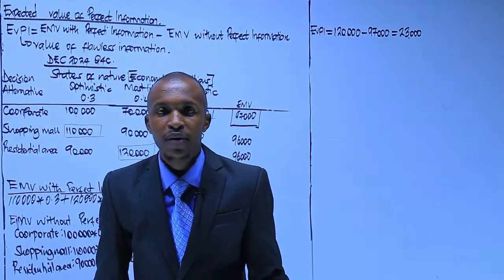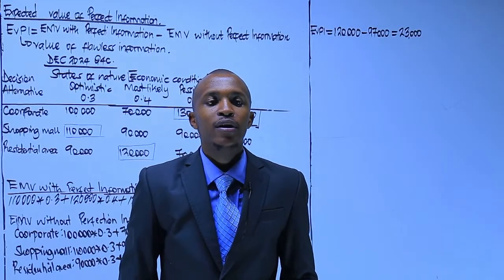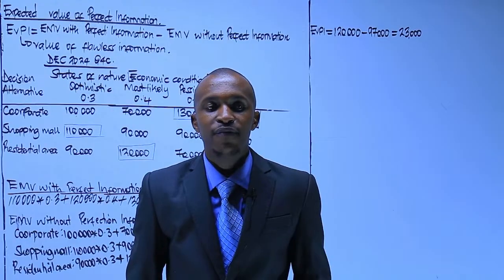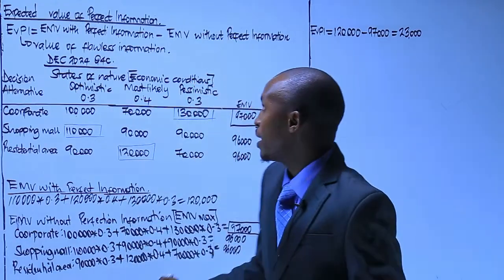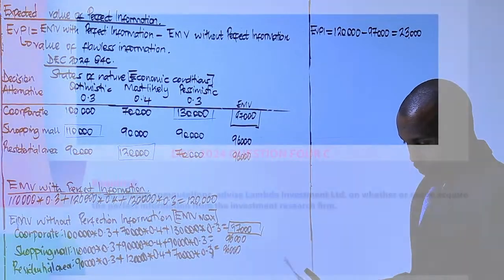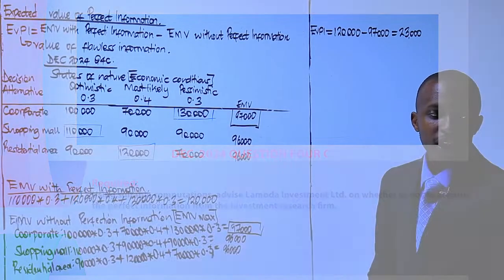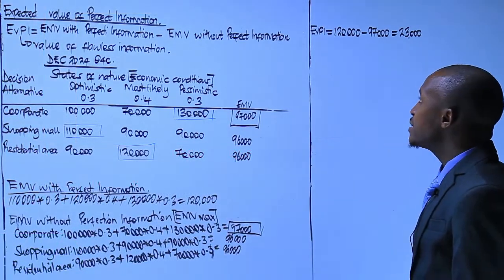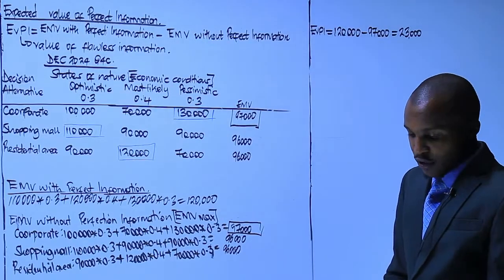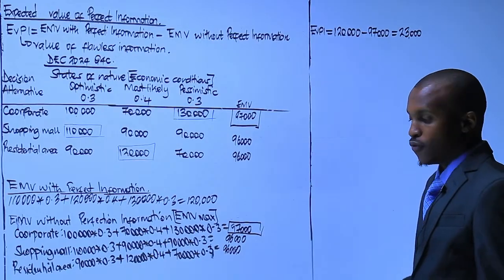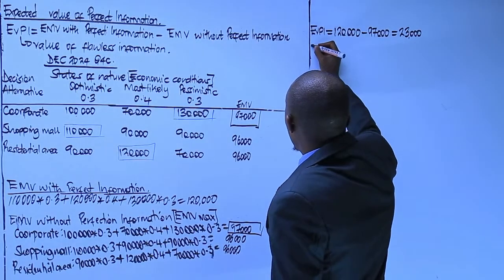When we say acquire perfect information, it is where you can hire a company. Then when you hire that company, the value they will give you is worth how much? 23,000. But part C of that question, they are asking advice on whether or not to acquire perfect information. So here you will simply compare the value of perfect information and the cost of acquiring that perfect information.